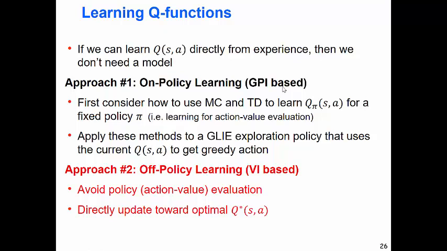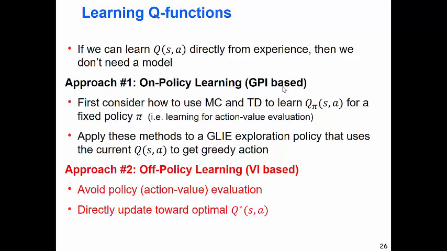So one thing that happens in on policy learning, which can be annoying and can be quite bad in a lot of cases, is we're learning the Q function for the explore-exploit policy, right? And does anybody see anything that might be bad about that, from a practical standpoint?